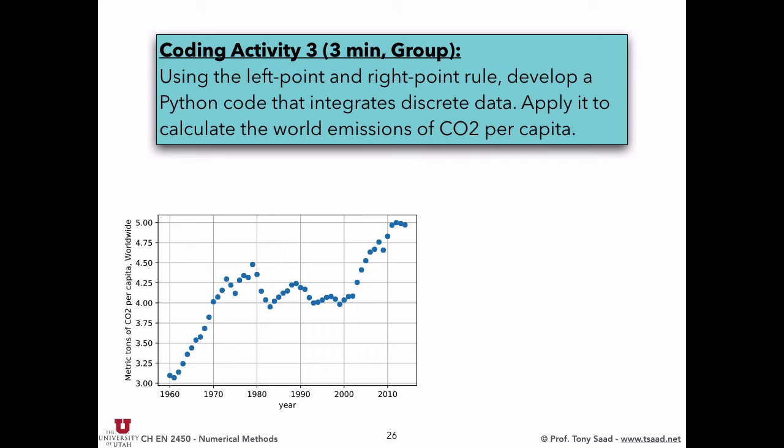Last time we did it was for a continuous function, where we artificially dissected the interval into as many intervals as we want. In this case, you have a predetermined set of intervals. All I want you to do is take those data, x and y, and add up all the little areas to compute the total emissions of CO2. So go, you've got 3 minutes.